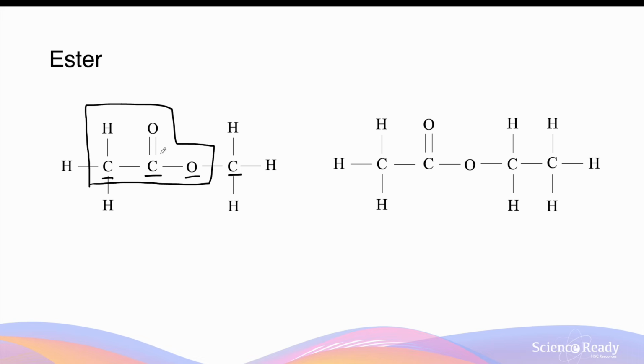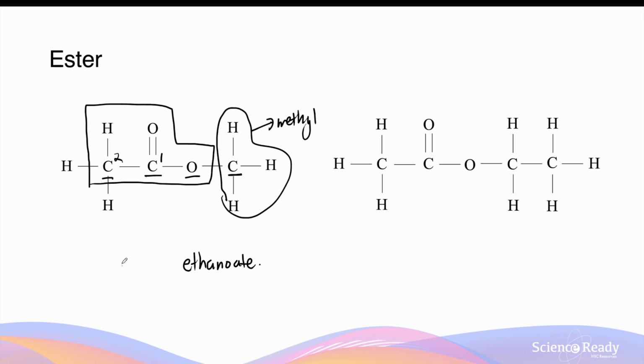Remember that carboxylate ion is the conjugate base of carboxylic acids. So there are two carbon atoms in the ester, which means this will be called ethanoate. Attached to the ethanoate is one carbon and three hydrogens, which is similar to what we call a methyl group. Therefore, we'll call this methyl ethanoate as two separate words with a space in between.